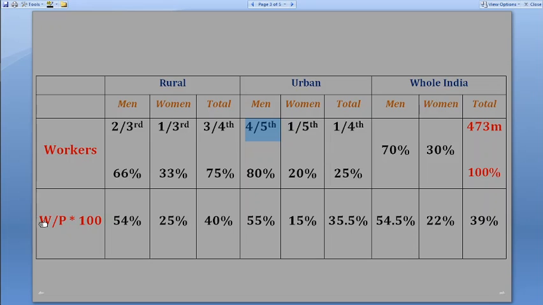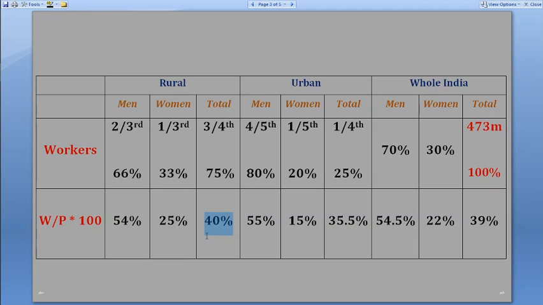If we talk about the worker population ratio, we come to learn that about 39% of the people in India are workers, but out of this, men more than half, women only 22% out of the whole of India. If you further subdivide this into urban and rural, you'll find 40 in rural, 35.5 in urban.